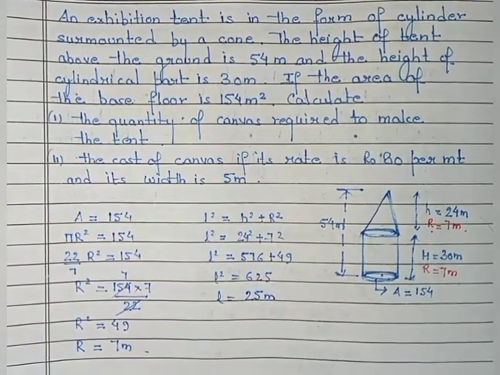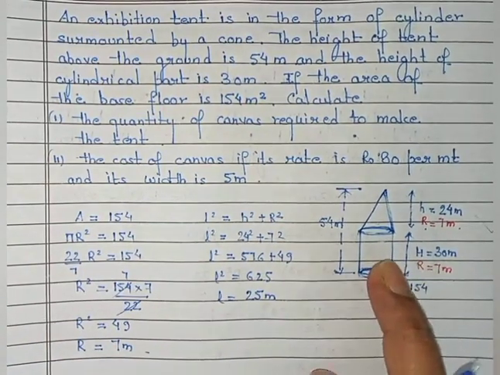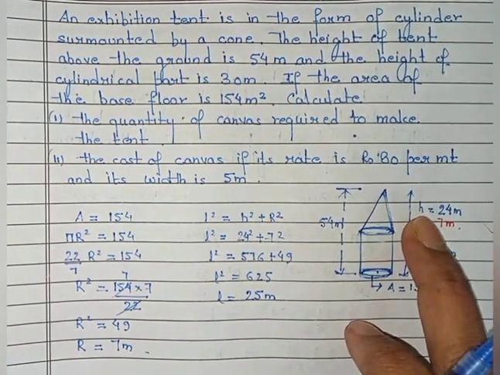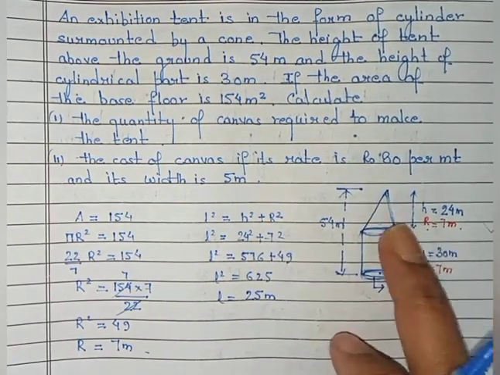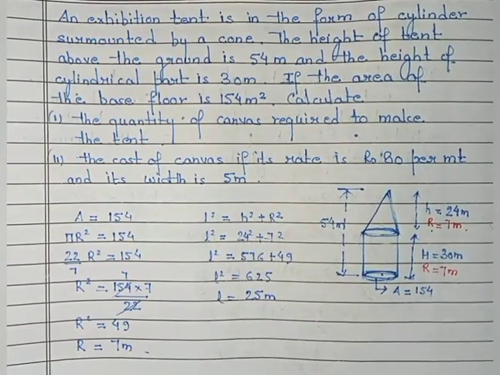So you can see we have got all the dimensions: the height and radius of the cylindrical portion, the height and radius of the conical portion, as well as the slant height of the conical portion.